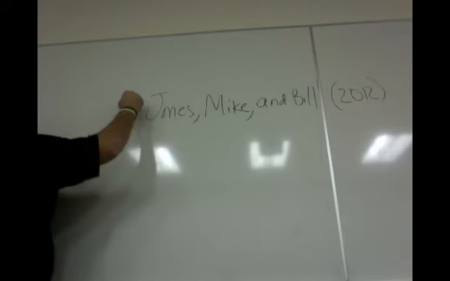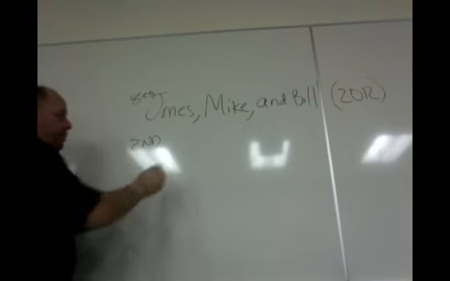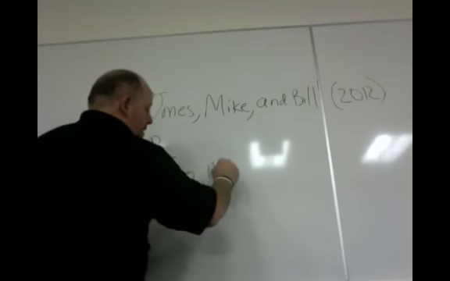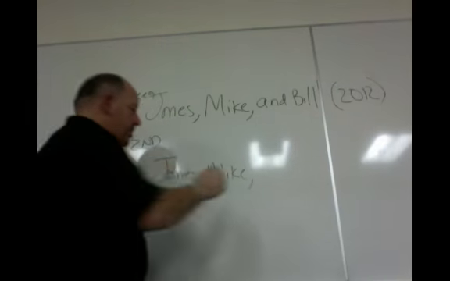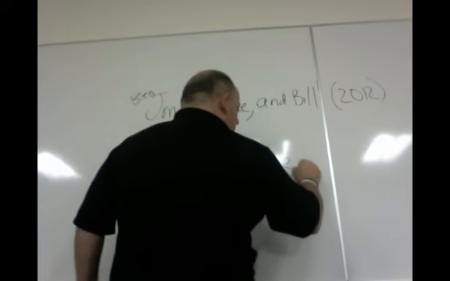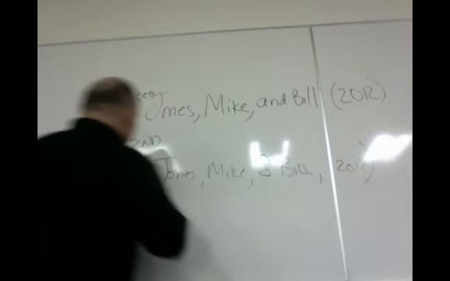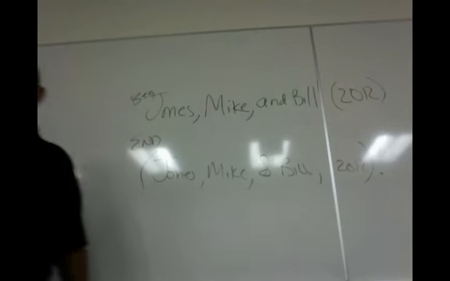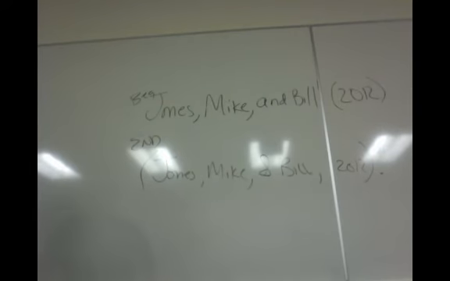Now, this is the beginning again. This would be the end. And that end would be Jones, Mike, and then what would go there? Ampersand, Bill, comma, 2012, everything in parentheses, and a period at the end. So, beginning and end for three.